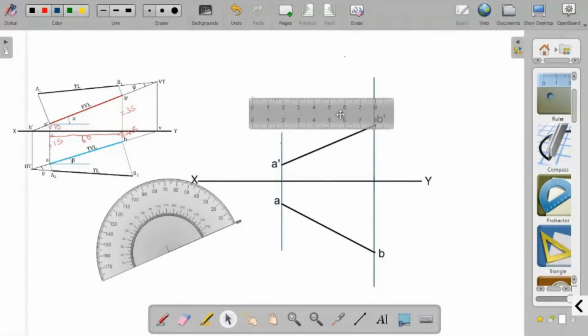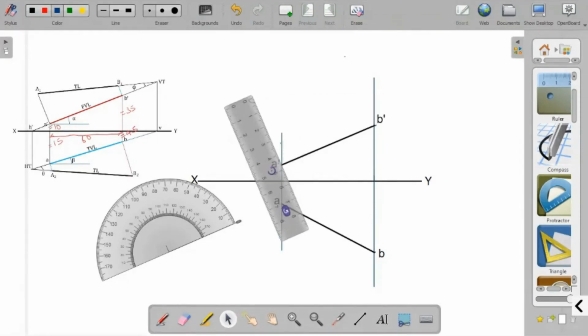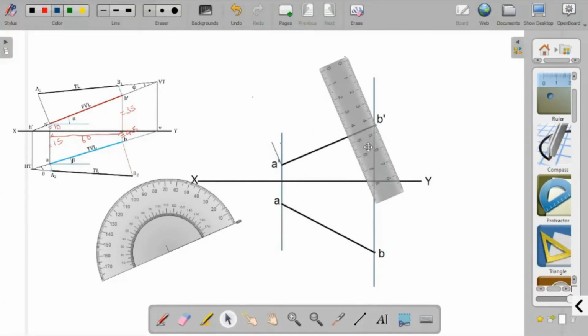as well as here. A 15 millimeter straight line. So that is point A1, and here it should be 45 millimeter.